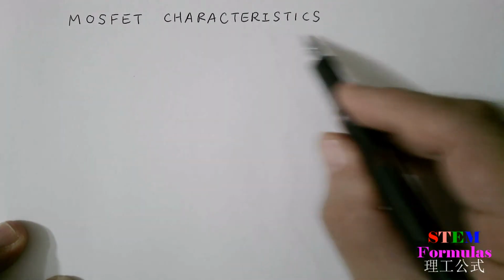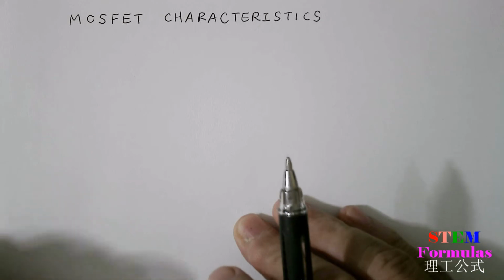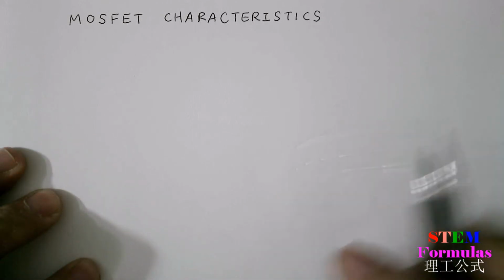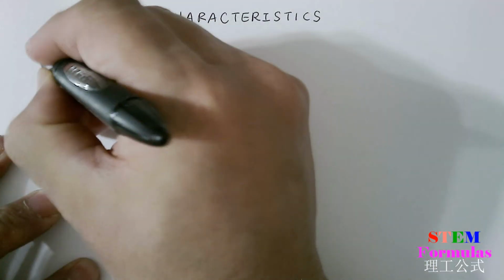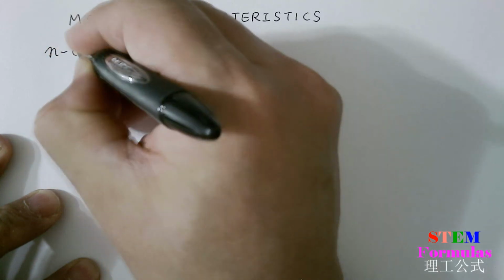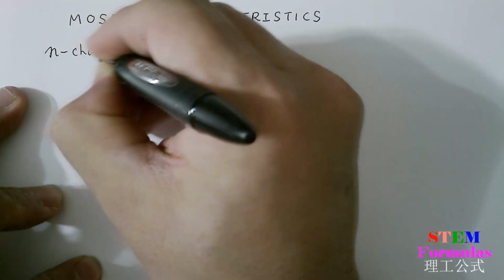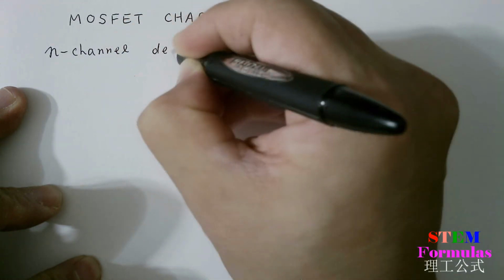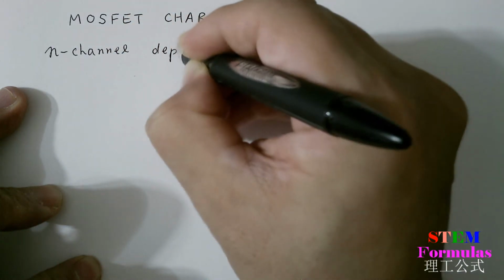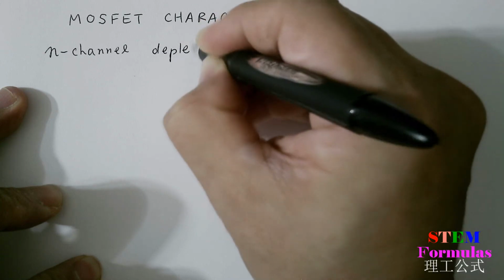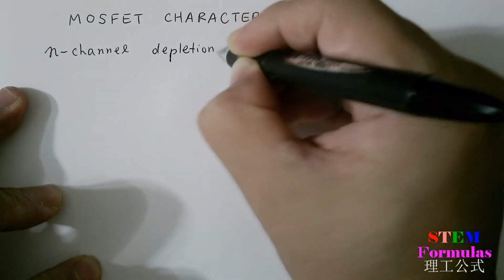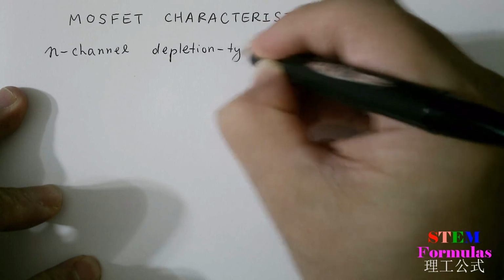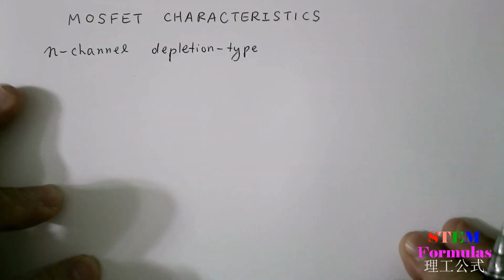MOSFET characteristics. In this video, I consider only N-channel depletion type MOSFET.